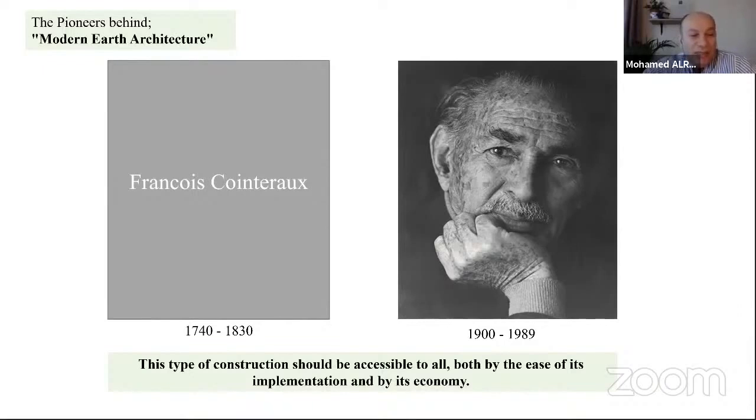He fought a long battle to restore confidence in this material's viability for construction once again. And both of them believed that this type of construction should be accessible to all, both by the ease of its implementation and by its economy.